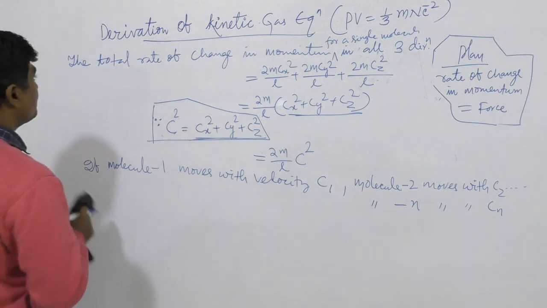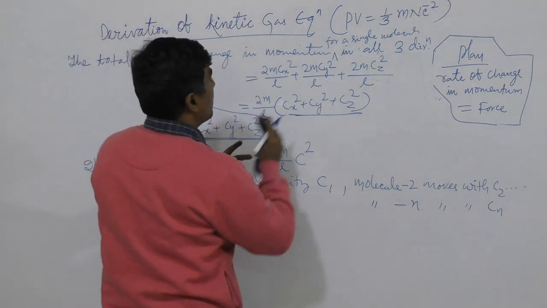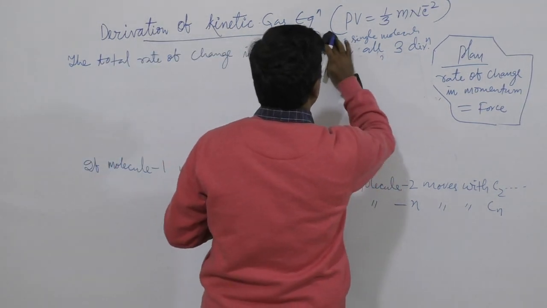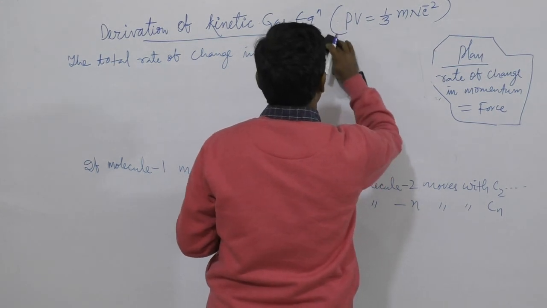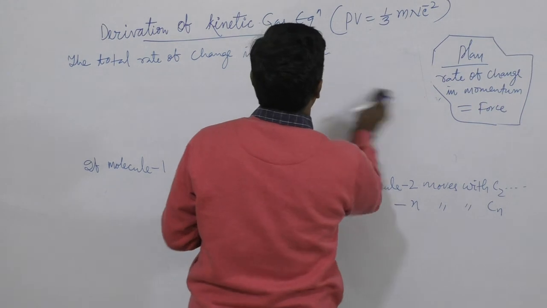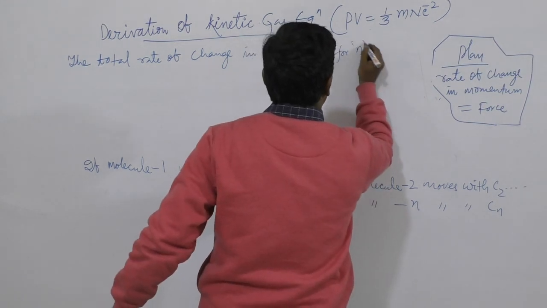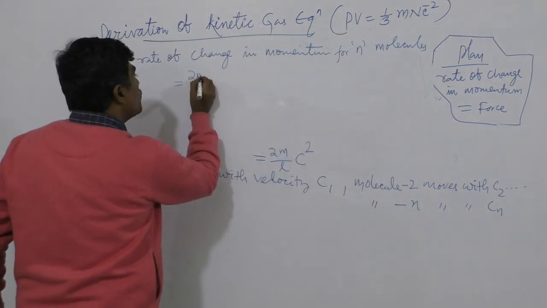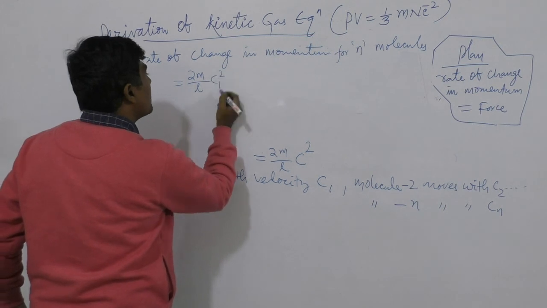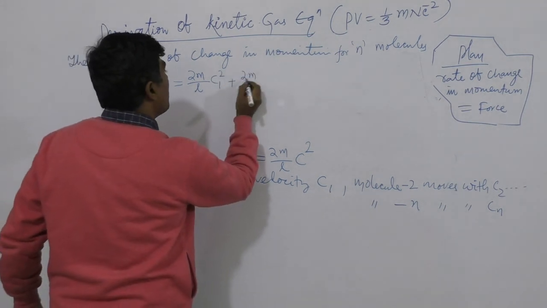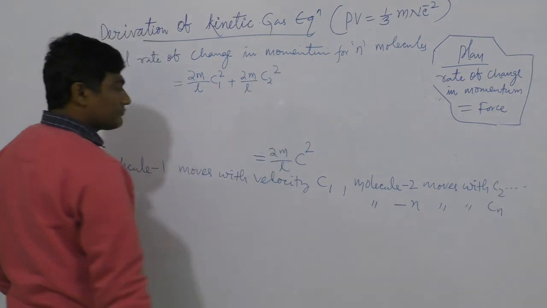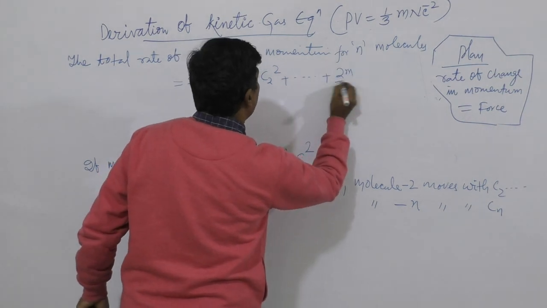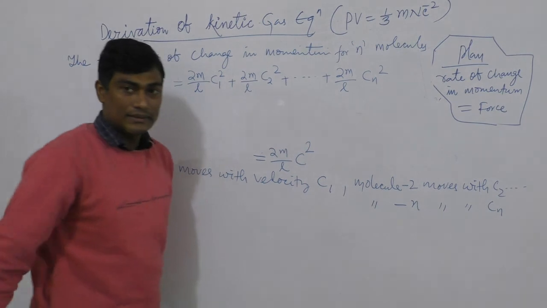So the total rate of change in momentum for n molecules is equal to 2m by L c1 square plus 2m by L c2 square plus and so on plus 2m by L cn square, right?